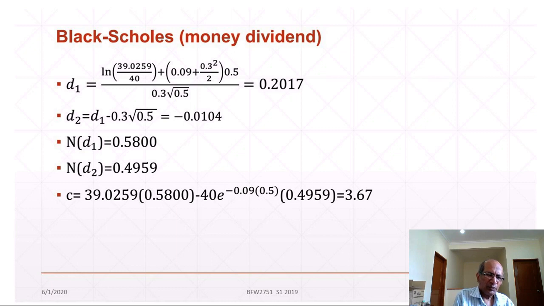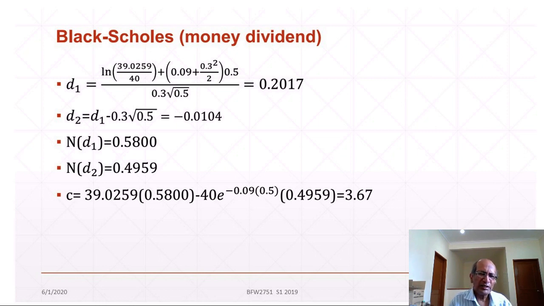When you calculate d1, instead of using 40 as S0, where this is an at-the-money option, you find the natural log of 39.0259 divided by 40, plus 0.09 plus 0.3 squared, that is sigma squared divided by 2, the entire bracket times 0.5, the time, all divided by 0.3 times the square root of 0.5.